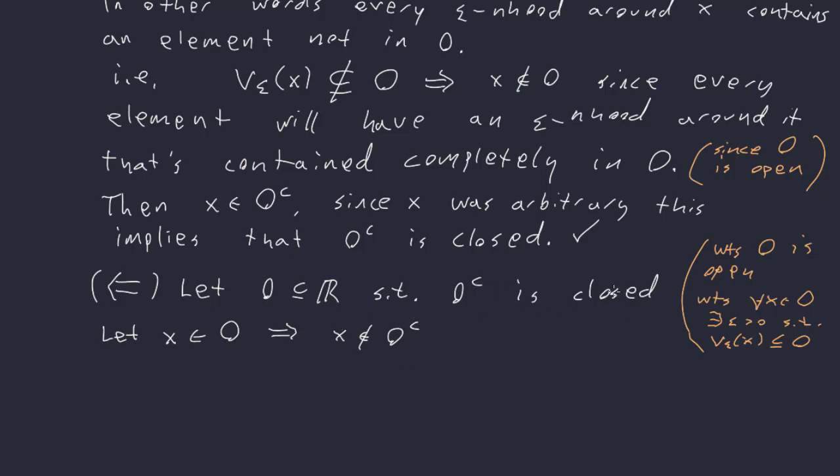Now, O complement is closed. That means O complement contains all of its limit points. So, since O complement is closed, it contains all of its limit points.